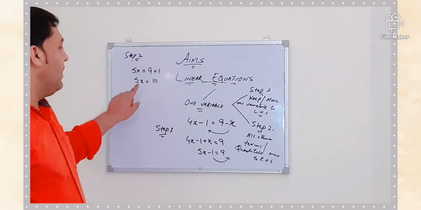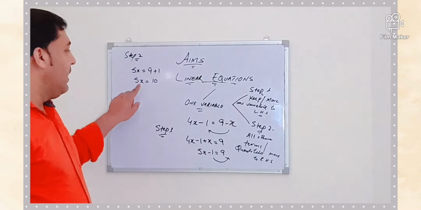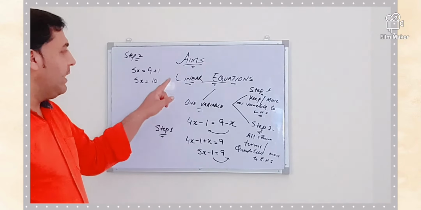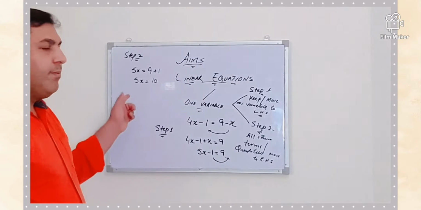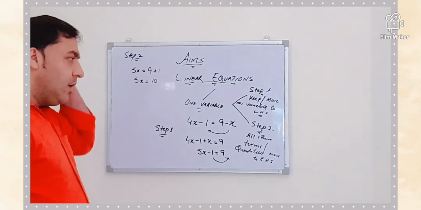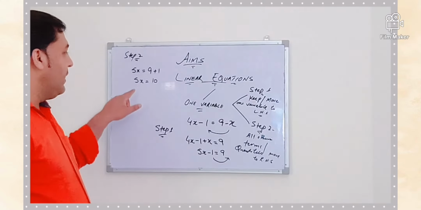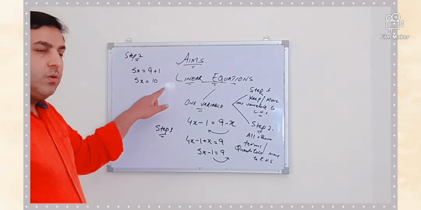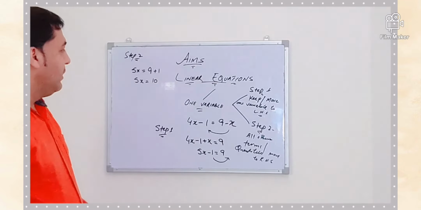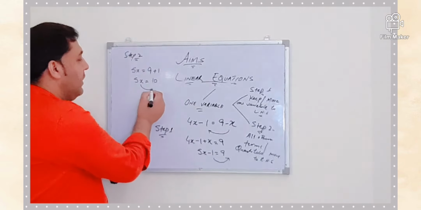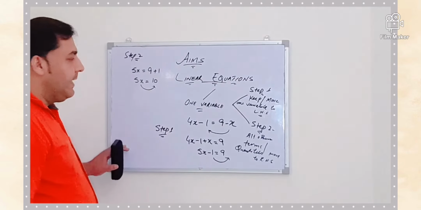Now you see here 5 is being multiplied, and when we move it to the right hand side it will be divided, or we can say we will divide both sides by 5. Same terminology: either we say we move it to the right hand side, or we divide both sides by 5.